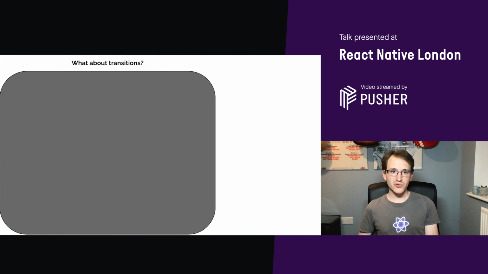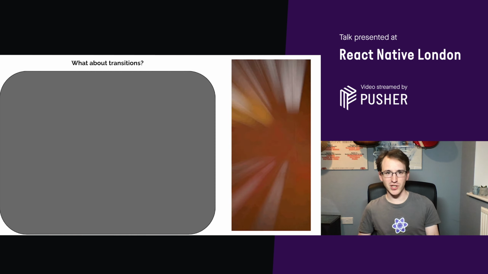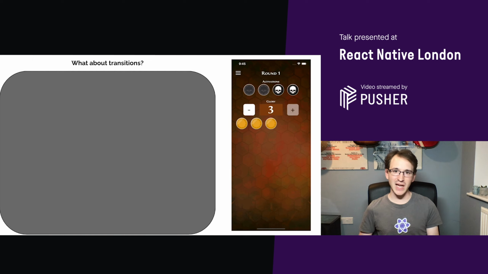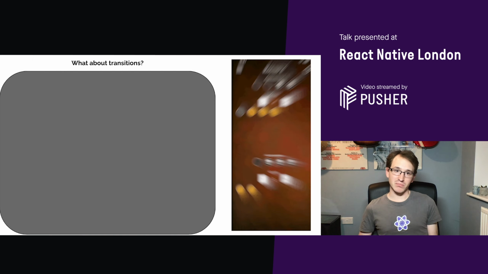What about transitions? Just gluing our clips together might be jarring for someone watching the video. In iMovie, I used a zoom blur transition to hide where I glued the clips together and to let the person watching know, hey, the next thing you're going to see is going to be different.